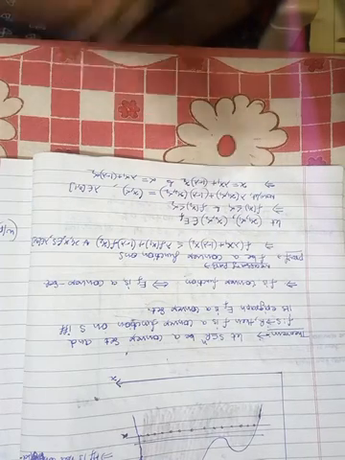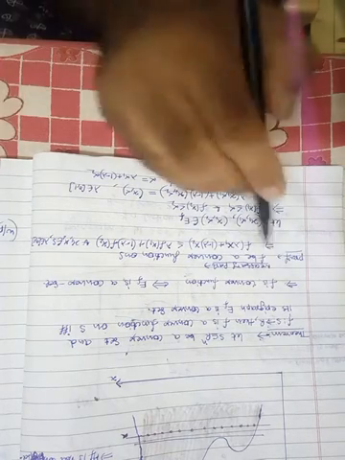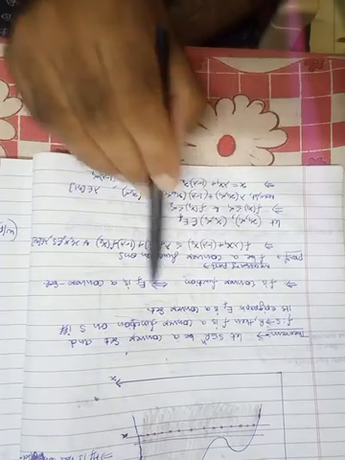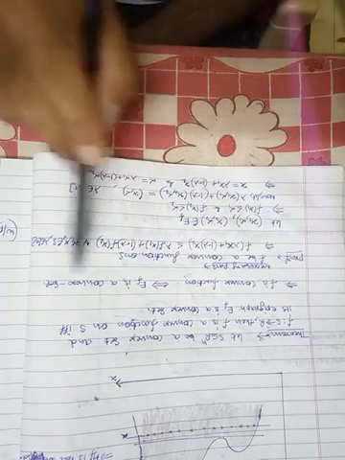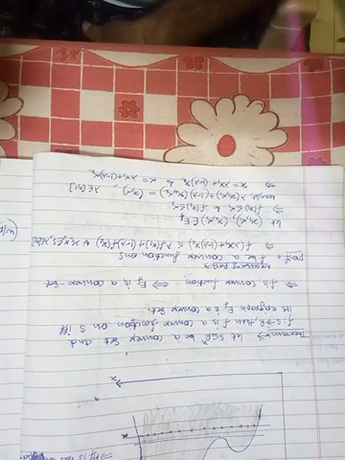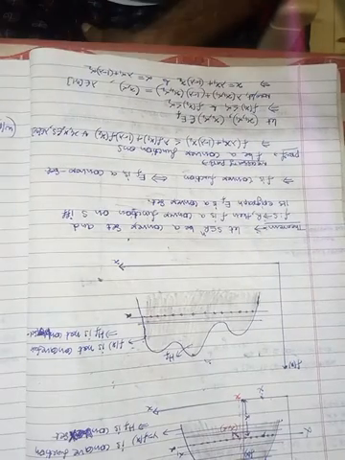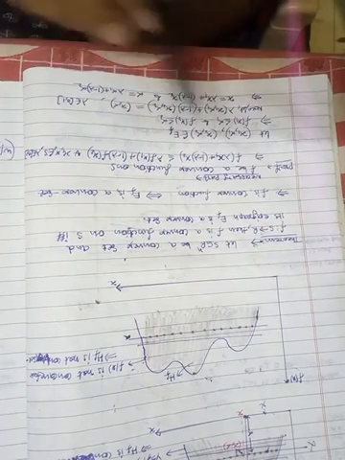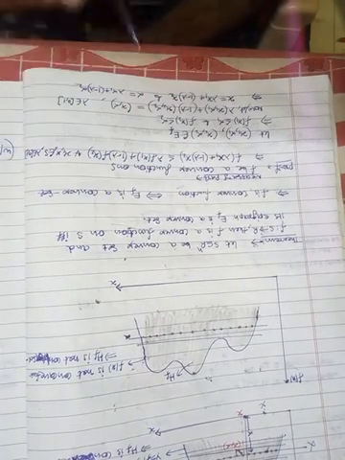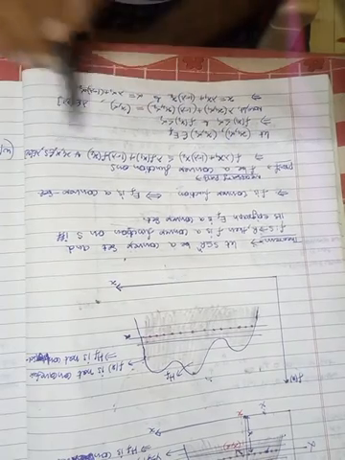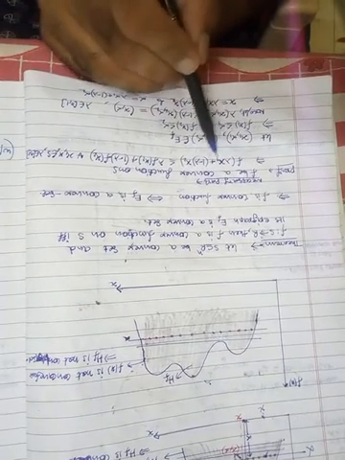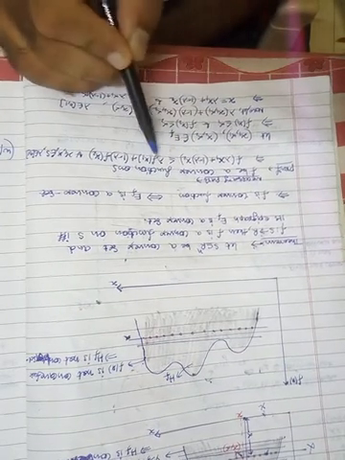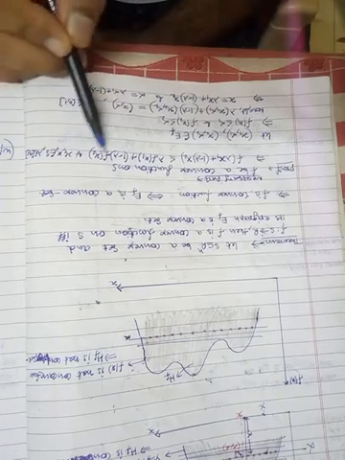So the necessary part. That means we have to prove that if f is a convex function then its epigraph is a convex set. So let's see how to prove this. So suppose f is a convex function on S. So obviously this will satisfy this property, f of lambda x1 plus 1 minus lambda x2 is less than or equal to lambda f of x1 plus 1 minus lambda f of x2.